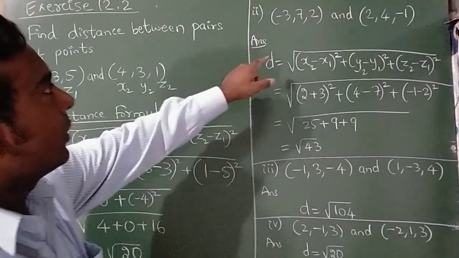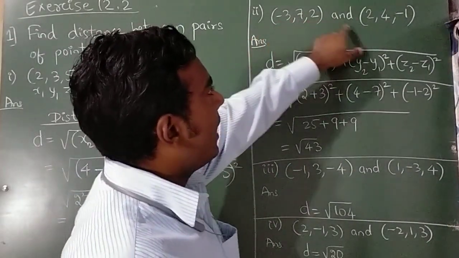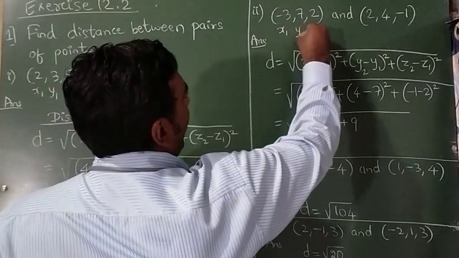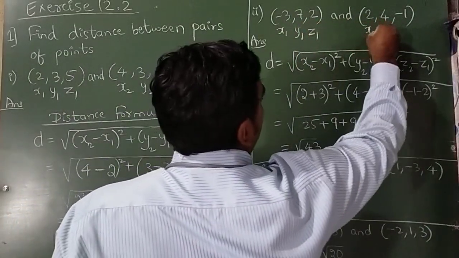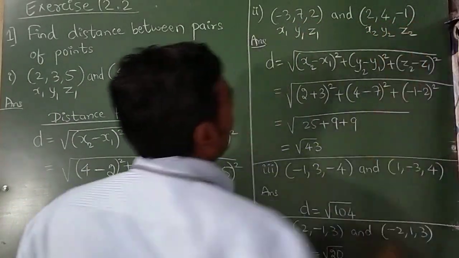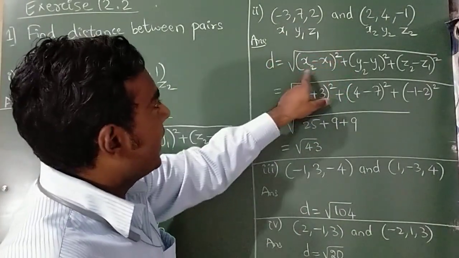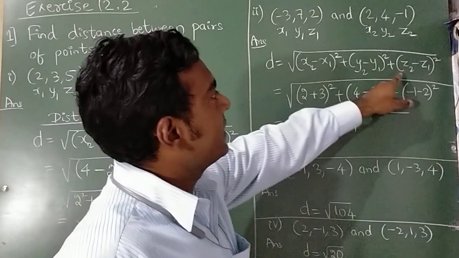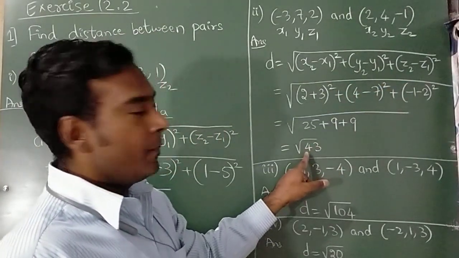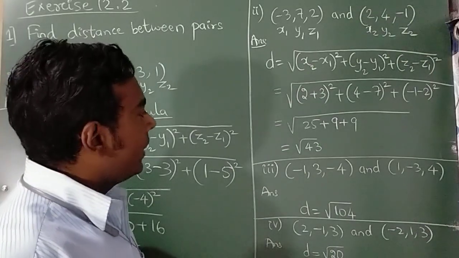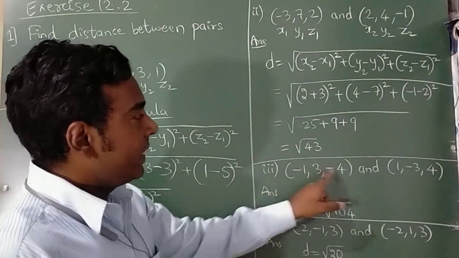Fine. Now the second question, minus 3, 7, 2 and 2, 4, minus 1. So this is x1, y1, z1, x2, y2, z2. According to the formula, if you substitute the values of x2, x1, y2, y1, z2, z1, again you will get the answer as root 43. Now the third one, minus 1, 3, minus 4.